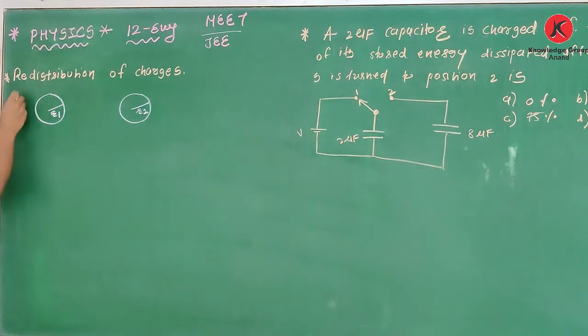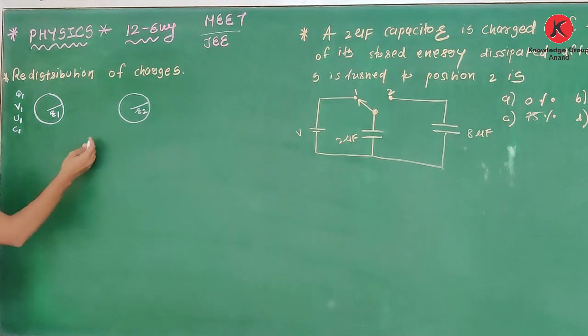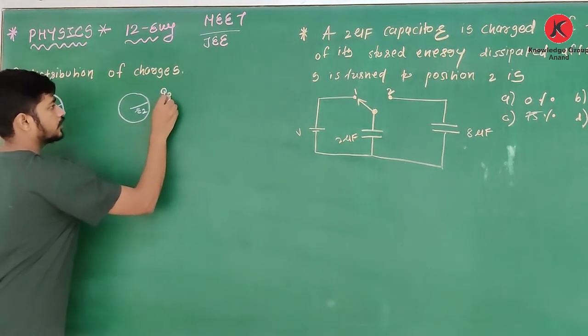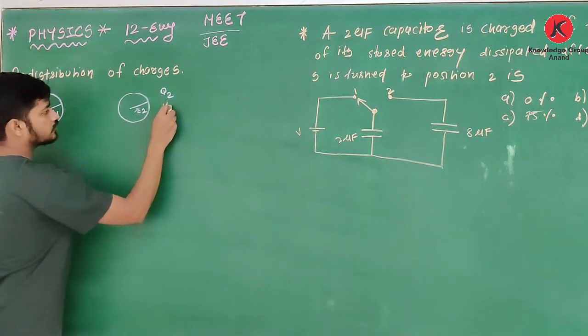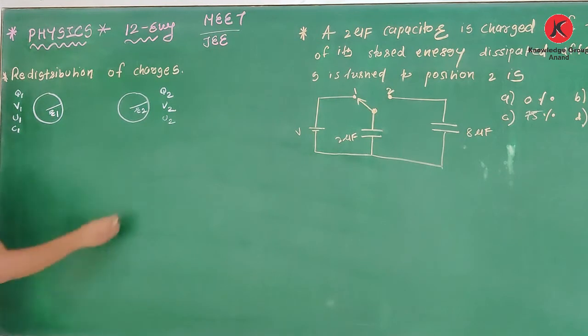Charge on this sphere is q1, potential is V1, and its energy is, suppose, U1. Its capacitance is C1. For the second sphere, charge is Q2, potential is V2, potential energy is U2, and capacitance is C2.